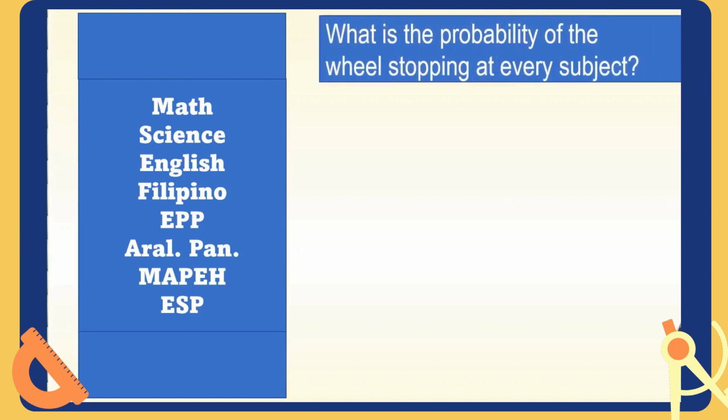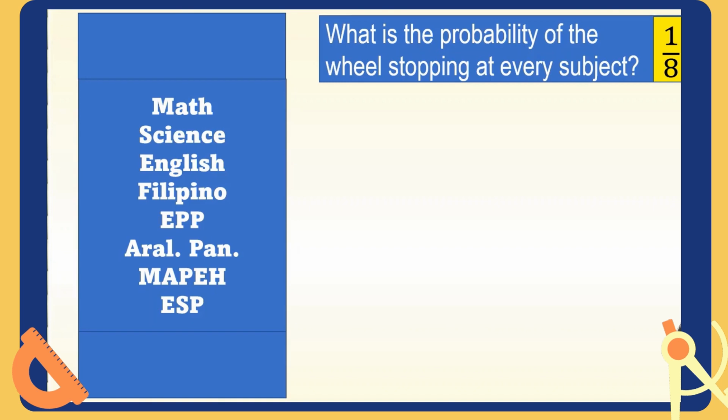Okay? So, ngayon, what is the probability of the wheel stopping at every subject? O halimbawa yung mga subject na yan ay nasa wheel, ano kayang tsansa or probability na mag-stop yung ating wheel sa bawat subject? Ang probability nito ay 1/8. Ibig sabihin, may tsansa na bawat subject ay hihintuan ng ating wheel.